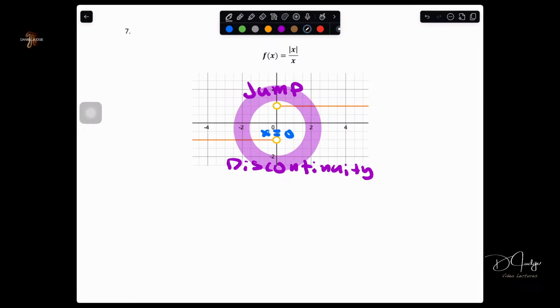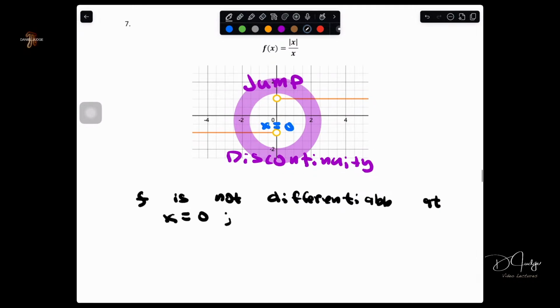All right. f is not differentiable at the location of your jump discontinuity at x is 0. So where is it differentiable? From negative infinity up to 0, union 0 up to infinity.